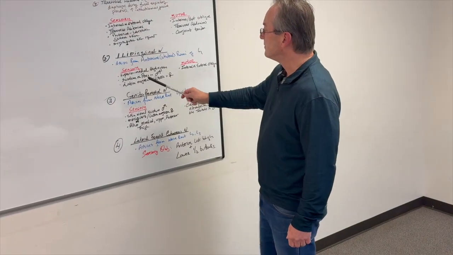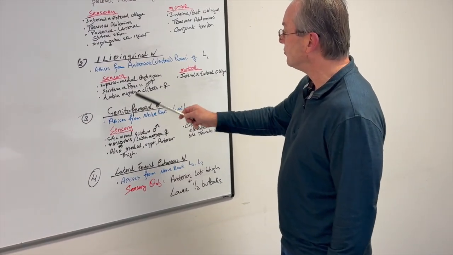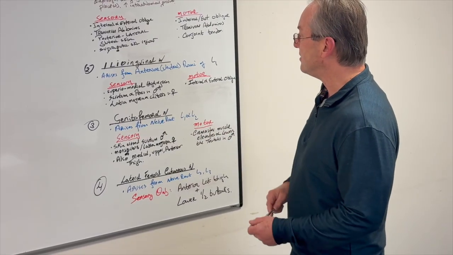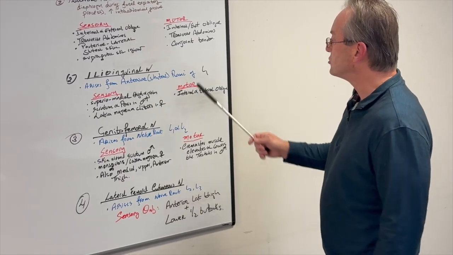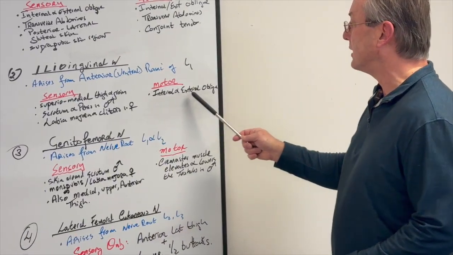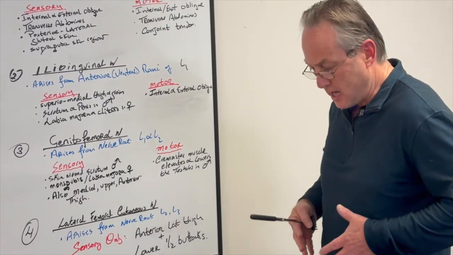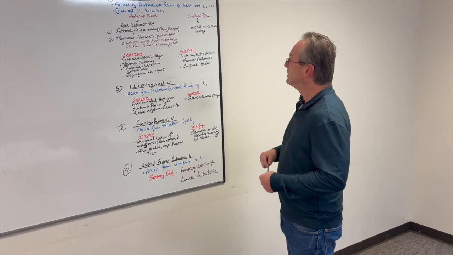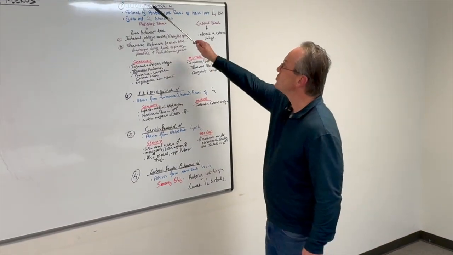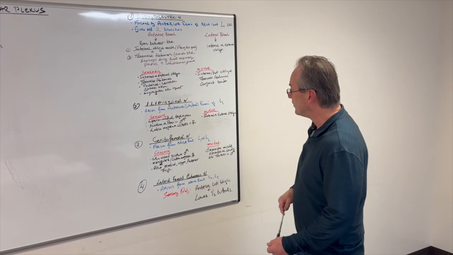The scrotum and the penis in males, the labia majora and the clitoris in females. Ilioinguinal nerve, super important. Motor, what does it do? Internal, external obliques. So a lot of abdominal innervation. So that's your two eyes, iliohypogastric, ilioinguinal.